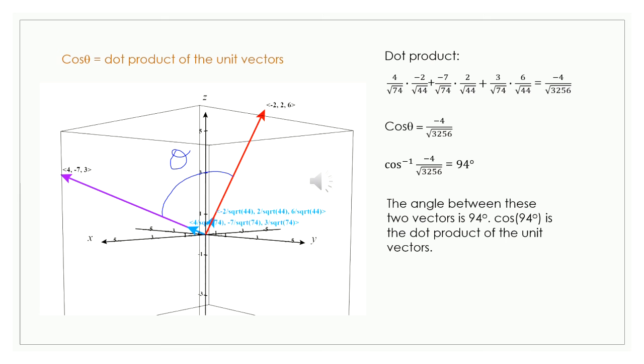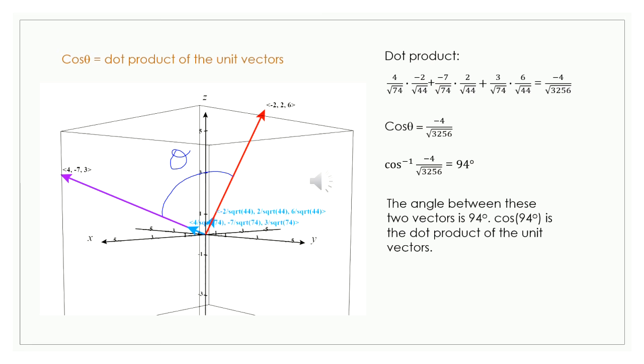So 4 over square root of 74 times -2 over square root of 44. Multiply the y components. So -7 over square root of 74 times 2 over square root of 44. Multiply the z components, or the third component. So 3 divided by the square root of 74 times 6 divided by the square root of 44.